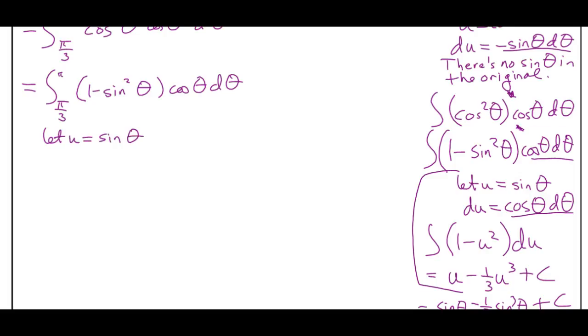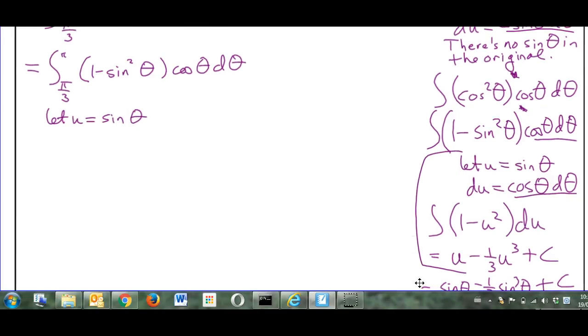In a sense, we're pretending this doesn't really exist, but it's there. That means du is cos theta d theta. So we're good now: cos theta d theta, replace the sine with the u.